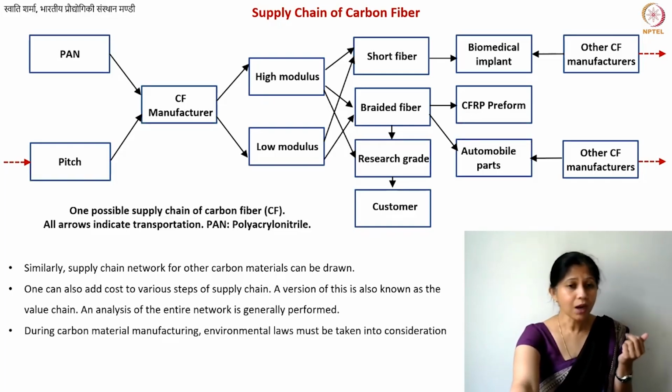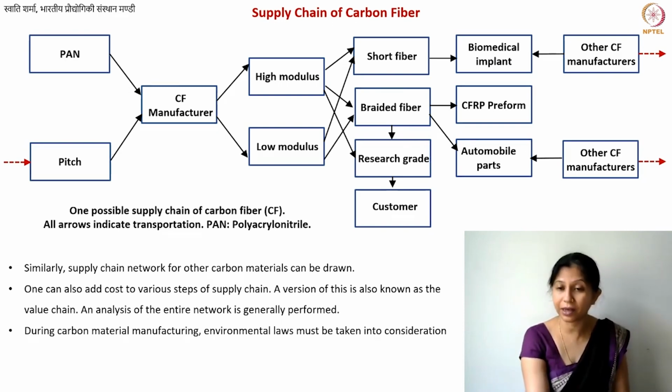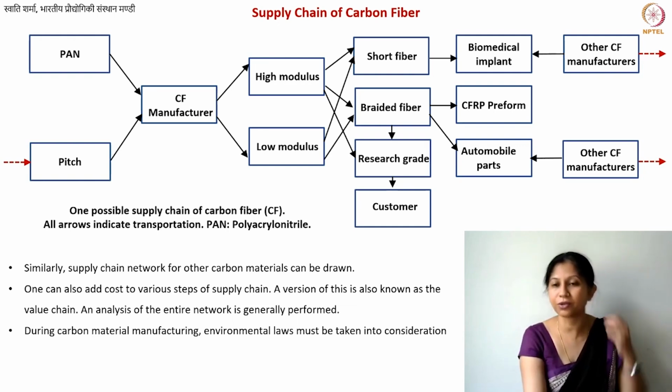Okay. One thing that I personally recommend is that you should always take care of the environmental regulations. See, carbon materials do cause some pollution when we are manufacturing them, but at the same time, it's also not very difficult to ensure that you're not allowing those pollutants to go into the environment.